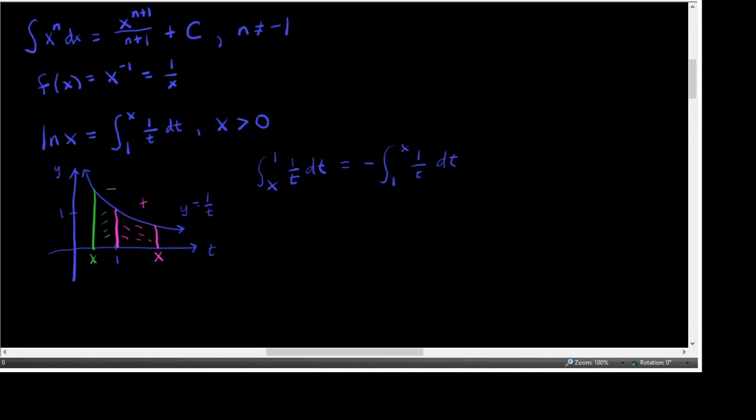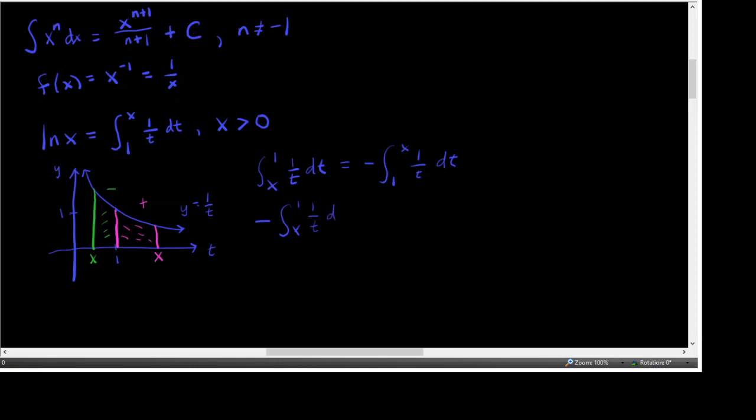And so because of that, this integral from 1 to x that we'll actually be finding, if we multiply both sides by a -1, will be a negative integral.